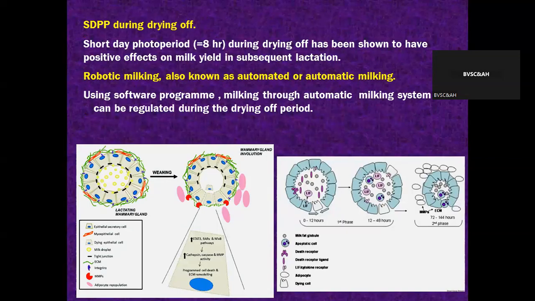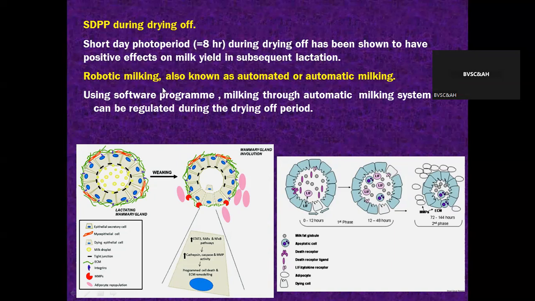Another very important strategy can be a short-day photoperiod, less than 8 hours, during drying off, which has been shown to have a positive effect on milk yield in subsequent lactation. If you can put the animals in the dry-off period in establishments where daylight is only 8 hours, not more than that, then you'll find that milk yield in the subsequent lactation is increased by 10 to 15%.